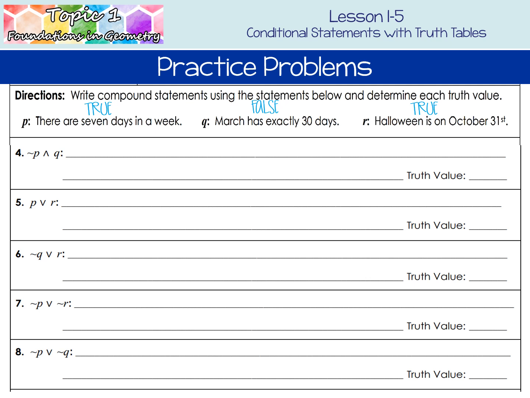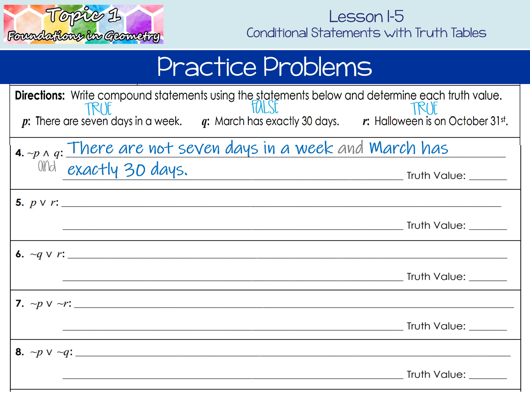Number 4, that is the and symbol, but look, it's not P and Q. So there are not 7 days in a week, and March has exactly 30 days. So they would both have to be true, and we just negated a true statement, so that's going to be false.